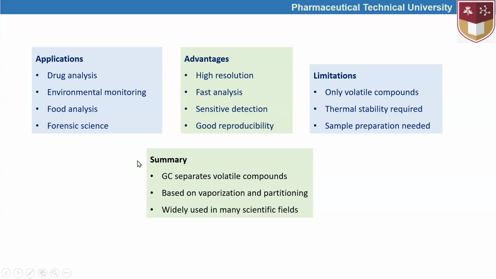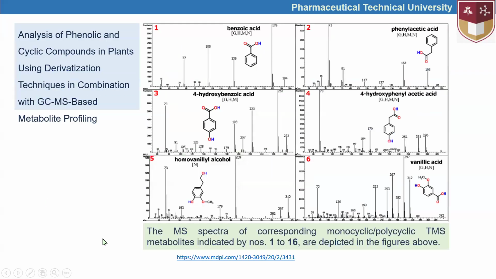And in summary, we say that gas chromatography separates volatile compounds based on vaporization and partitioning, and it is widely used in many scientific fields, as we talked about here. And here we can see how the compounds can be identified based on the database, for example.